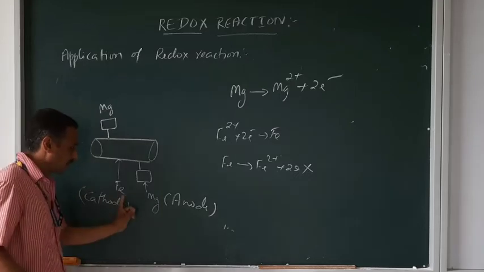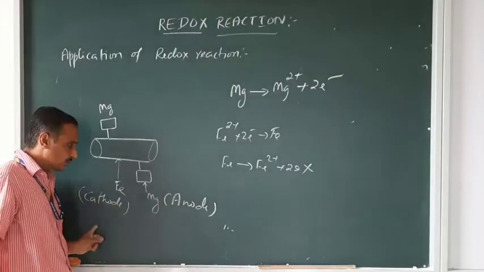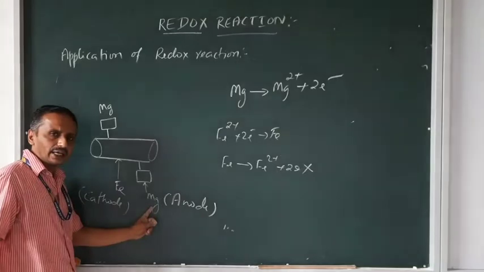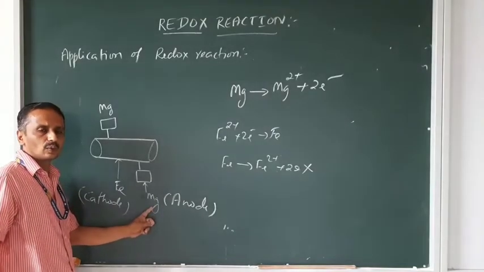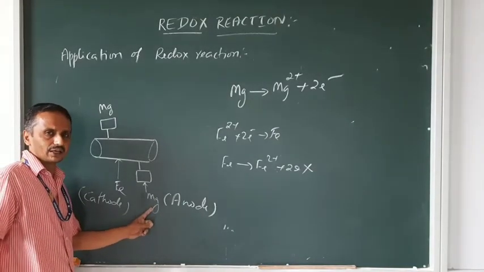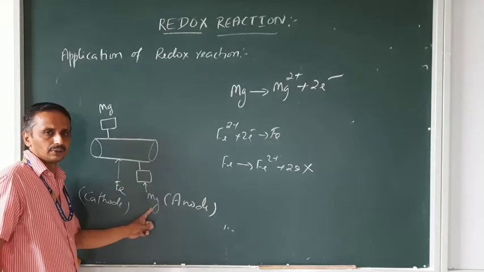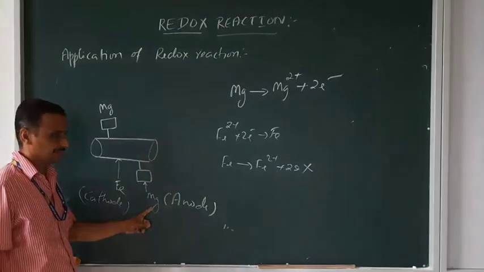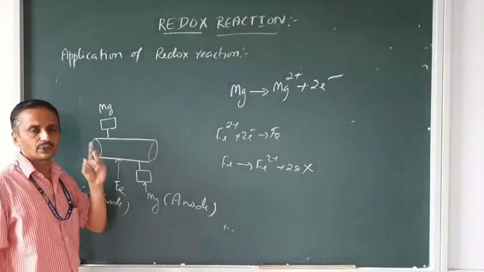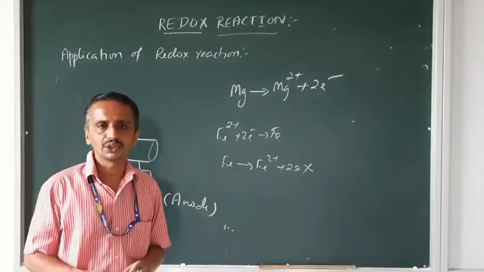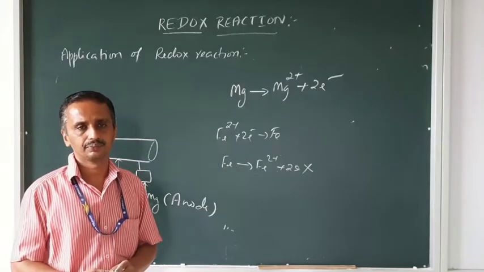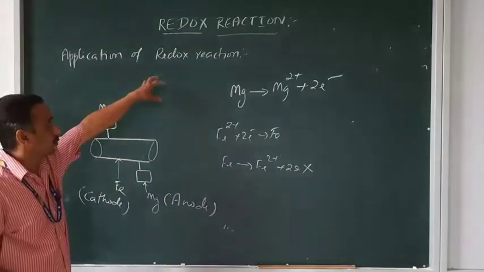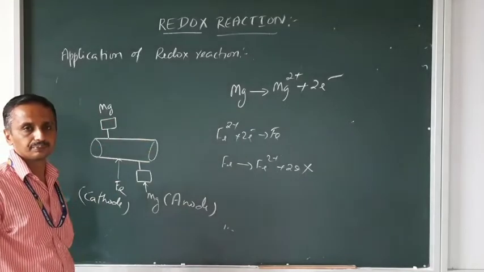So I am converting the iron into a cathode by connecting it with the more electropositive magnesium. That's why we call it cathodic protection. By this also we can prevent the rusting of iron, which is a redox reaction only.